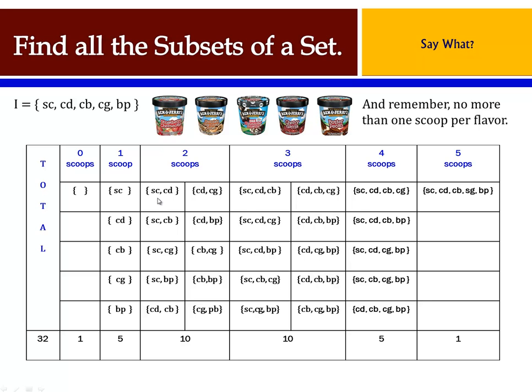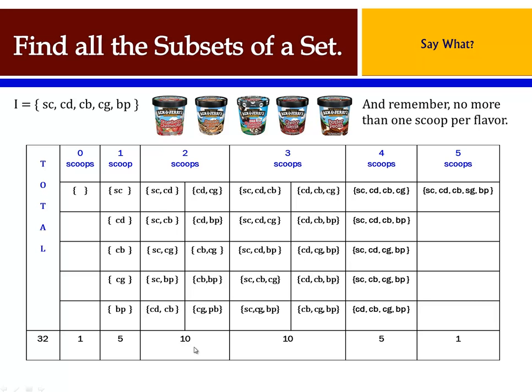And so that's why you'll see strawberry cheesecake, chocolate chip cookie dough, and then strawberry cheesecake, chocolate brownie, and then strawberry cheesecake with cherry Garcia, and strawberry cheesecake with butter pecan. And if you continue in this way of selecting 2 flavors, 1 scoop of each flavor, you would end up with 10 different choices, and these are all completely distinct.